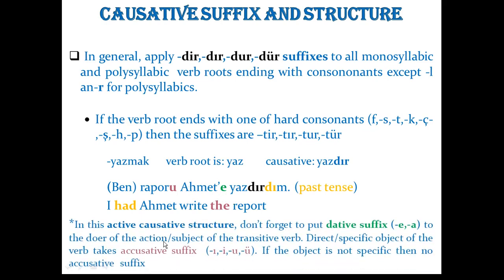So in this active causative structure, don't forget to put the dative suffix e or a on the doer of the action, the subject of the transitive verb, which is Ahmet. The direct specific object, rapor, takes the accusative suffix, which is ı, i, u, or ü. If the object is not specific, then there is no accusative suffix to apply.